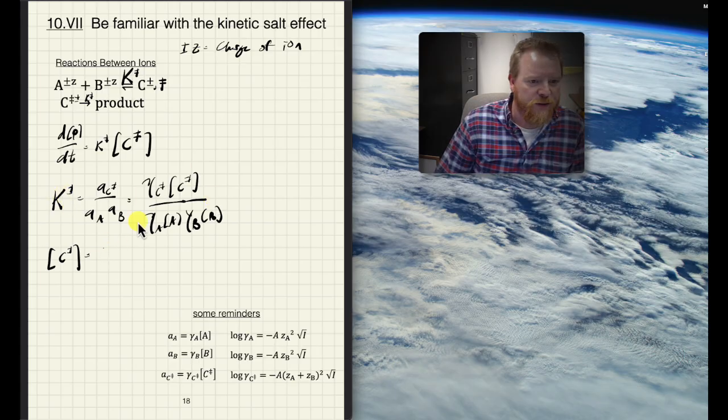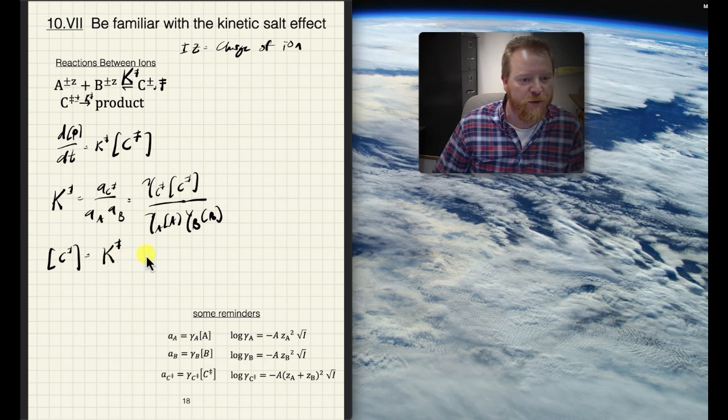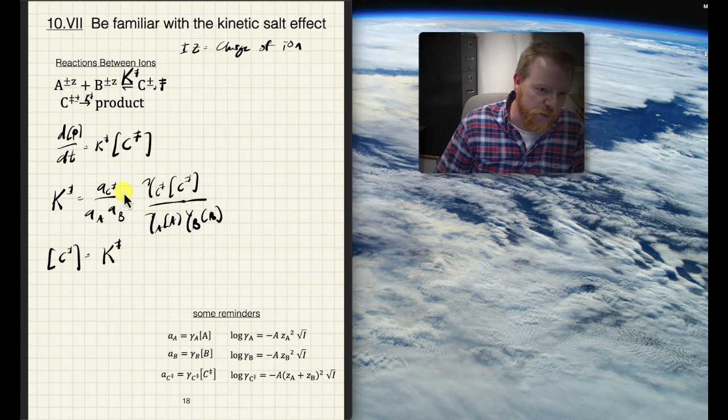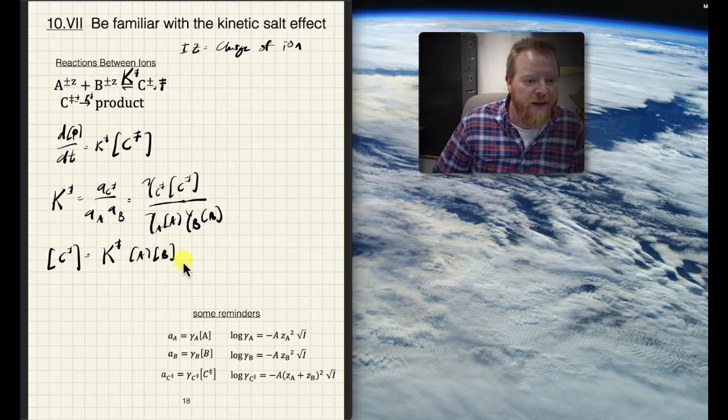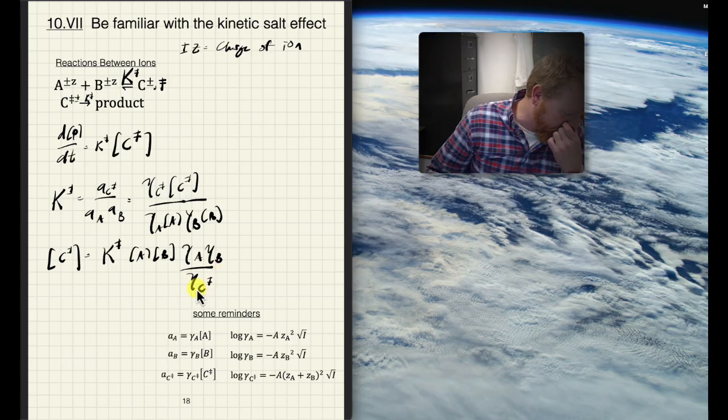So the concentration of C still equals big K. So I'll do the algebra and then we'll make some simplifications first. So then multiply by the bottom, right? So that's going to be an A times a B. And here I'll separate out all of those gammas. So that's gamma A times gamma B. And then that will be divided by gamma C double dagger.